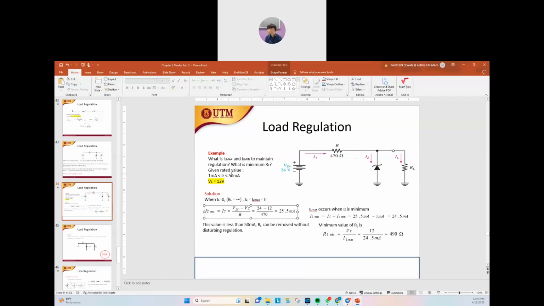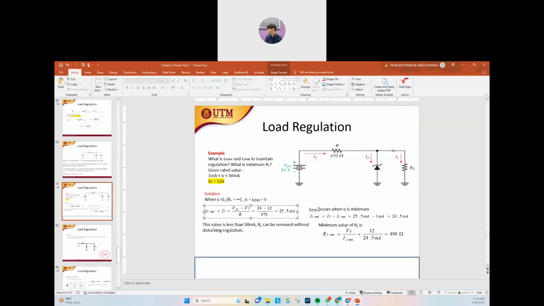The diode still operates in the breakdown region, but it will not be broken. So RL in this case can be removed without disturbing the regulation. We still have regulated output even if we remove RL, because our Iz max is much less than our maximum rating.